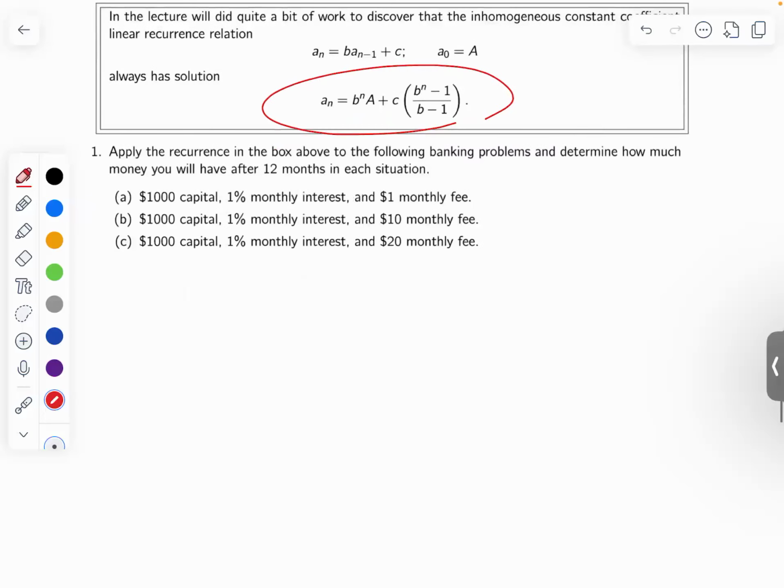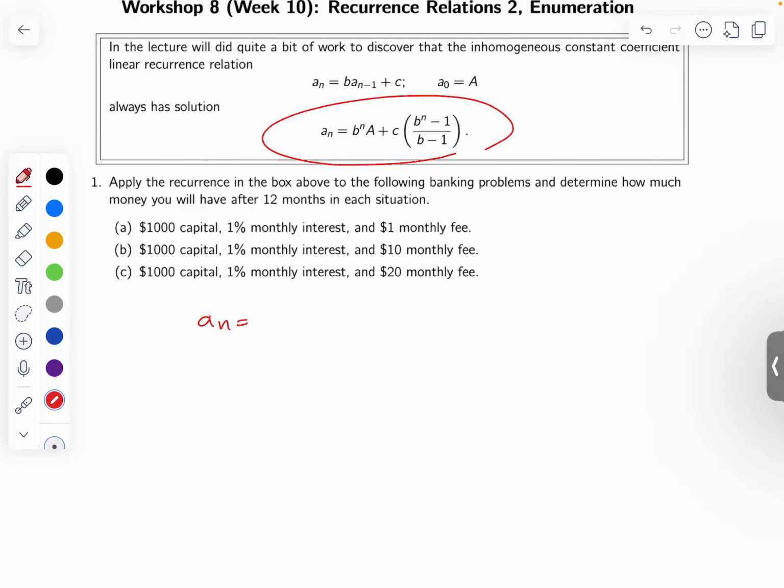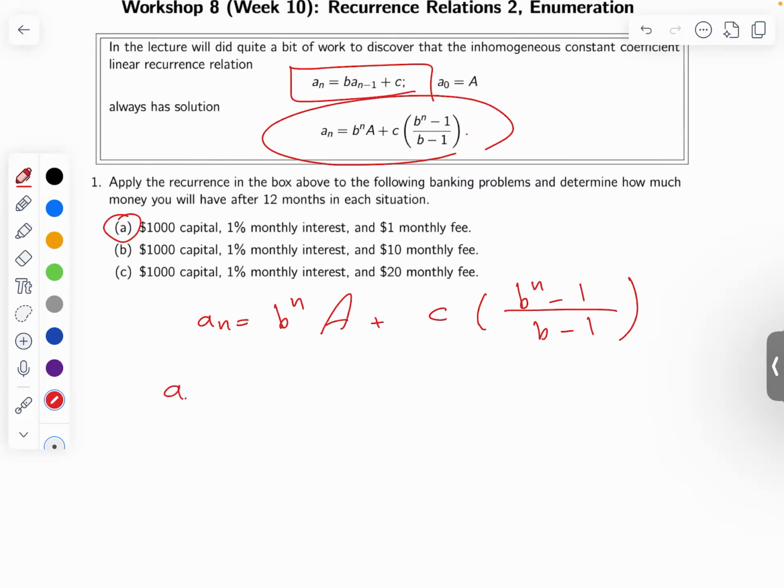So let's have this formula. With this one, for the first one, a_n equals a_{n-1} plus 1% of the money.